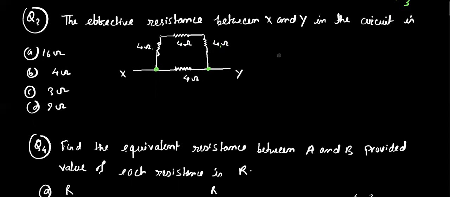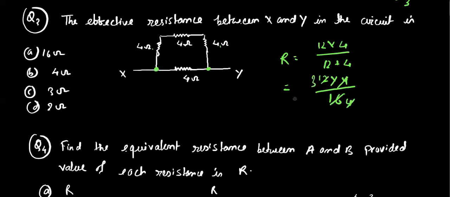So we can directly solve it: 4 3s are 12, and this 12 is parallel with 4. That's why R can be written as 12 into 4 by 12 plus 4. So it will be 12 times 4 by 16, which gives the answer 3 ohm.